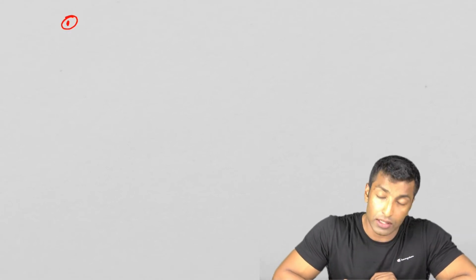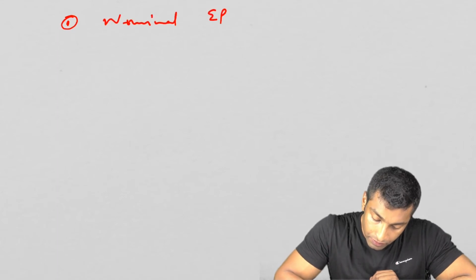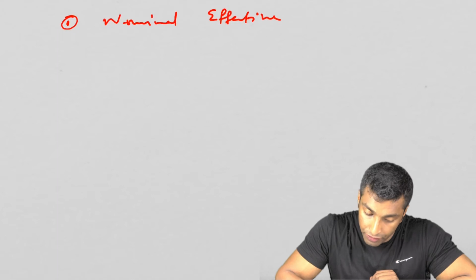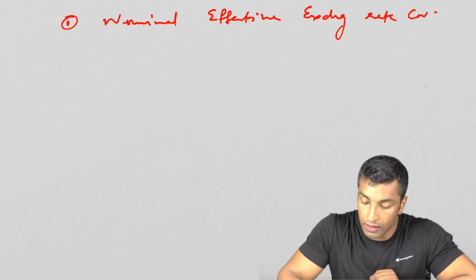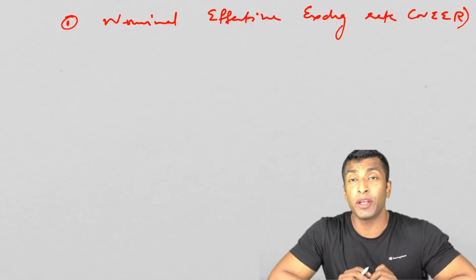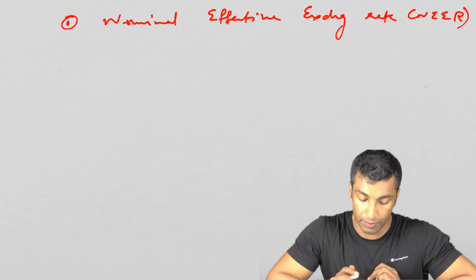The first topic that I want to discuss is the nominal effective exchange rate. What is this? This is what you call NEER. Let me write down the definition first, and after that we will see the explanation.